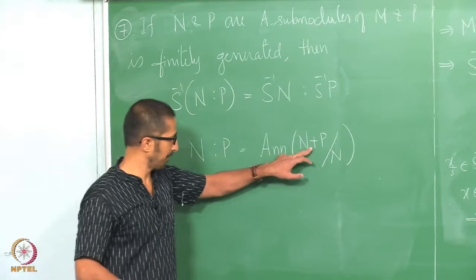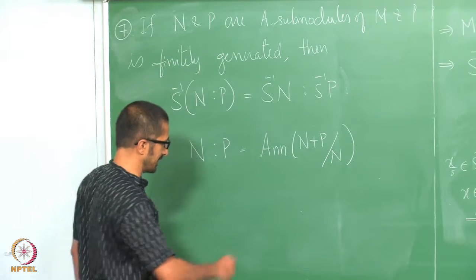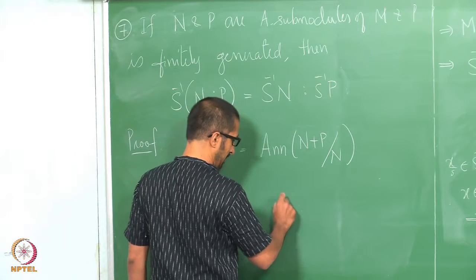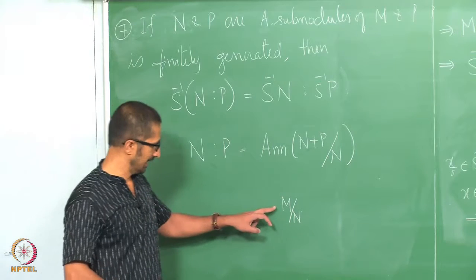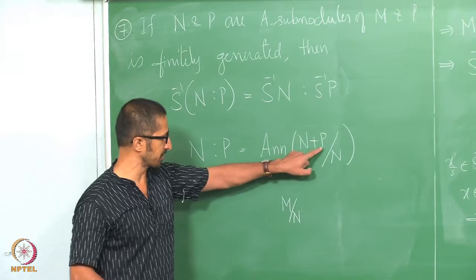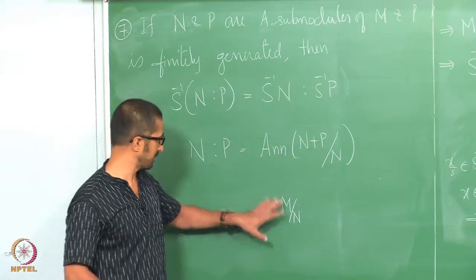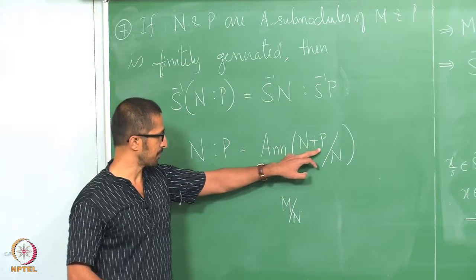See here, if I look at m mod n, and I am looking at the submodule generated by p, that is precisely n plus p mod n, the submodule generated by p.